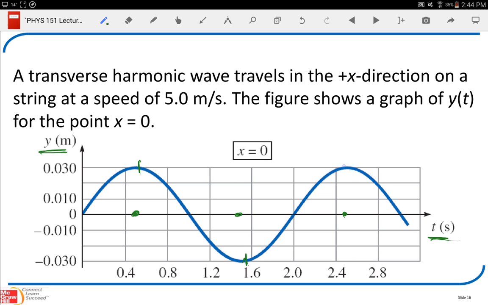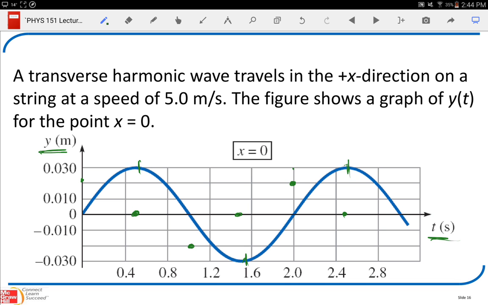But from here to here, it's going to be positive. How do I find the maximum velocity? Where the slope is the steepest. So with the sinusoid, it turns out that that's at the center. So the velocity is a maximum there, a minimum here, a maximum here.